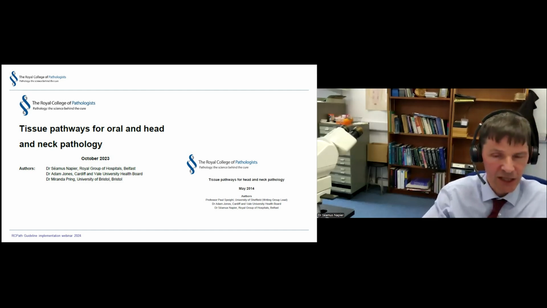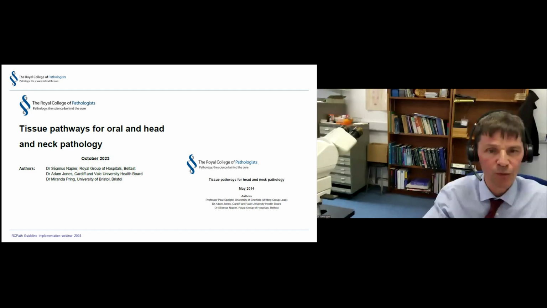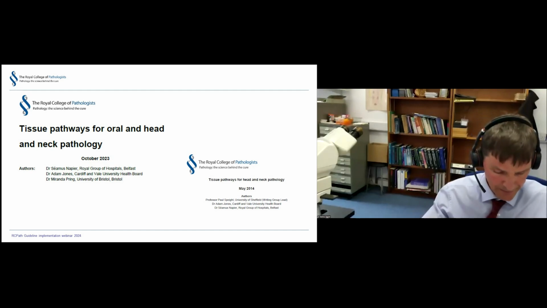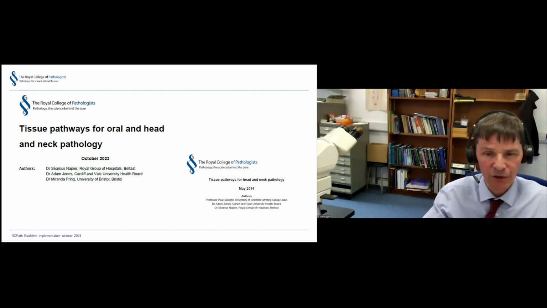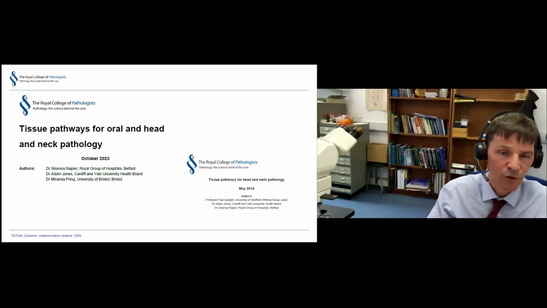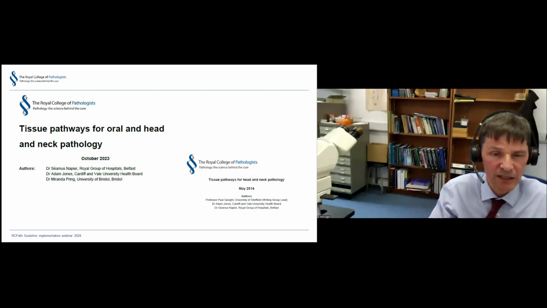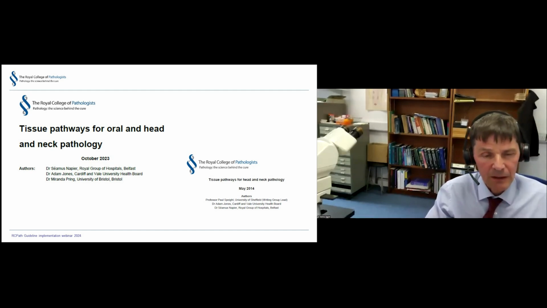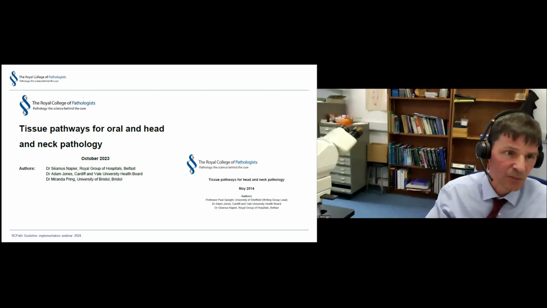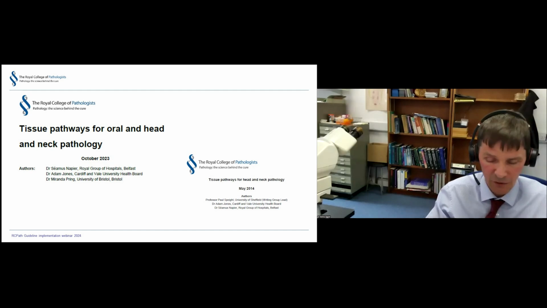Not a lot has actually changed over the years. One of the main things, of course, is the formal introduction of the word oral into the title, but it was always known that oral pathology was a significant component of this tissue pathway. It is, of course, testament to the quality of the original document that so little has changed over the time. We've removed some of the details, but really all we've done is effectively edit it. So what I would like to do in the next 5 or 6 minutes is really just to run through some of the major chapters to identify some of the main points and the key questions that might arise.